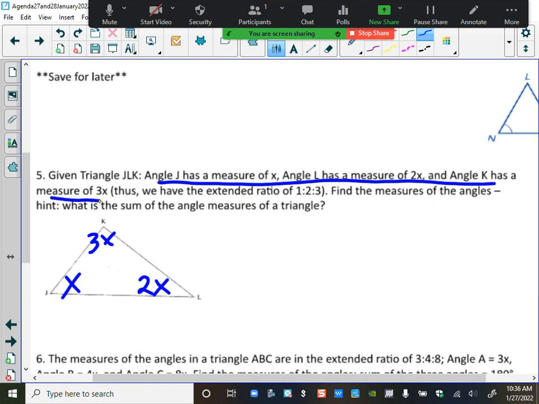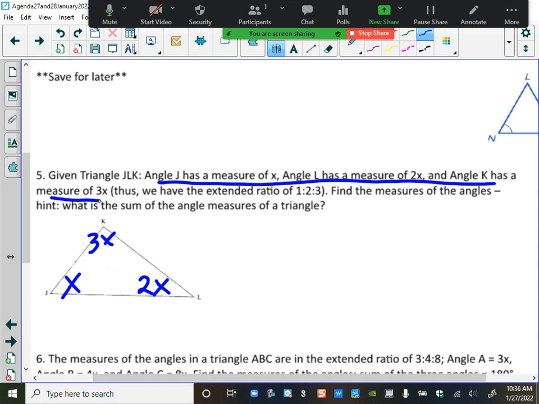The reason we need the X is that you're going to have the same number for all three. Once you get your X, you multiply it by 2 to get this angle, or by 3 to get that angle. That's why we need the X.